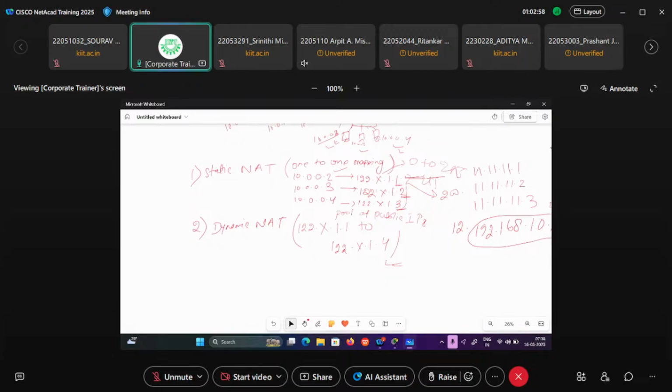Yeah, the question is, suppose I have created a pool of 122.x.1.1 to 122.x.1.4, and this is the pool of public IPs. But in my network, 10 PCs are there, configured with private IPs, and all 10 people want to access the web server. Can they access?